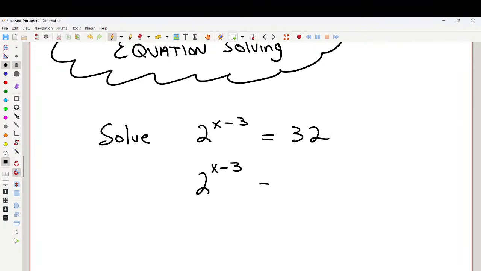But if you wanted a pencil and paper way, rewrite so that both bases are the same.